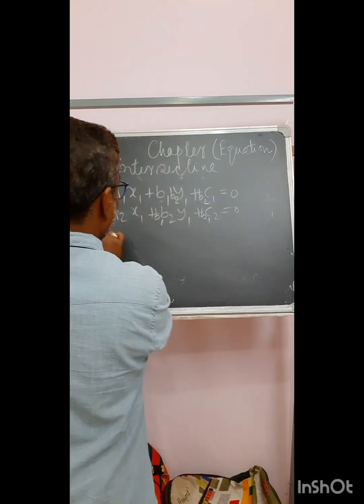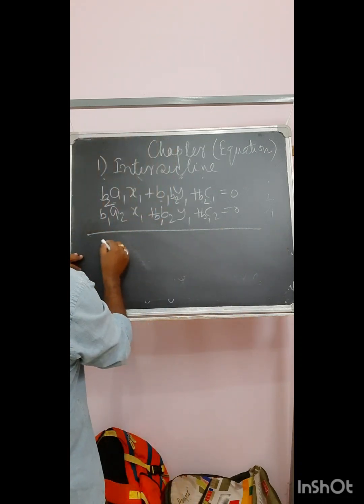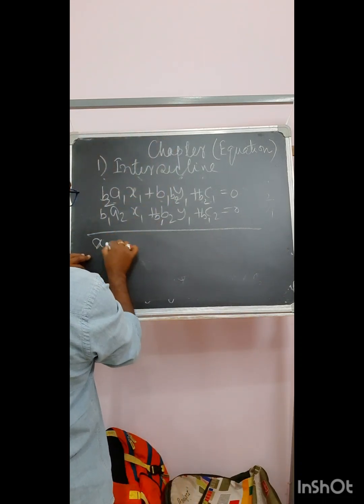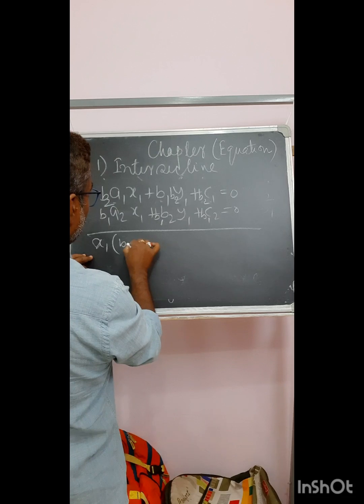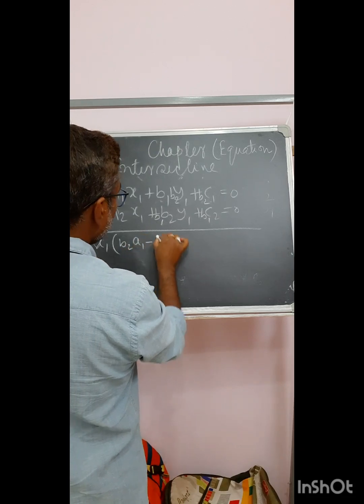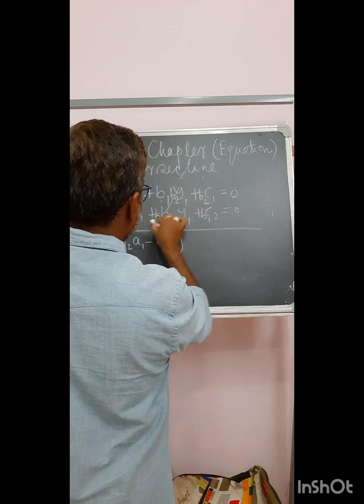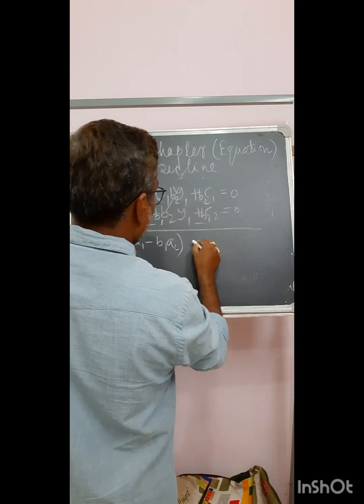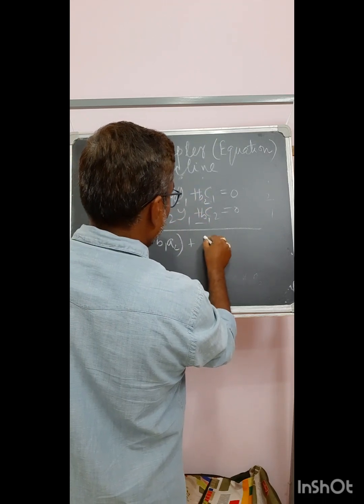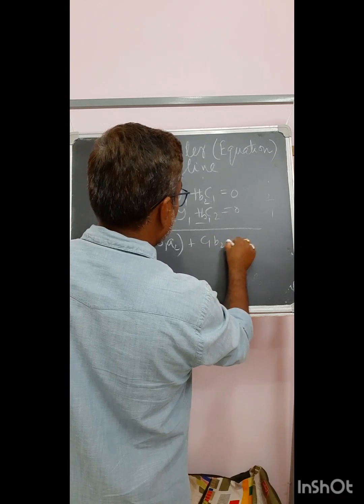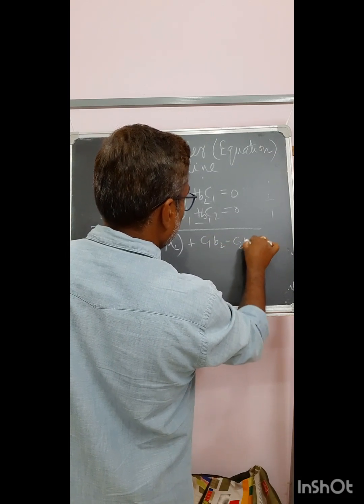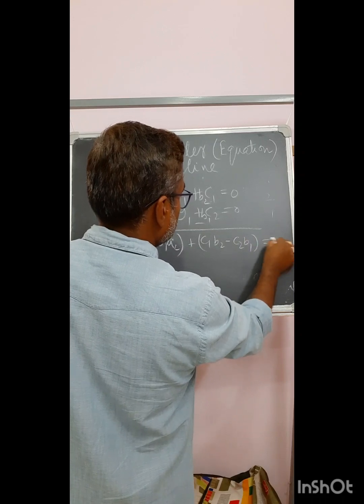Now I have subtracted. After subtracting, x1 will be common, so I will keep x1 outside: (a1b2 minus a2b1) x1, and the y1 terms will cancel out, and the remaining I will get is c1b2 minus c2b1 equal to 0.